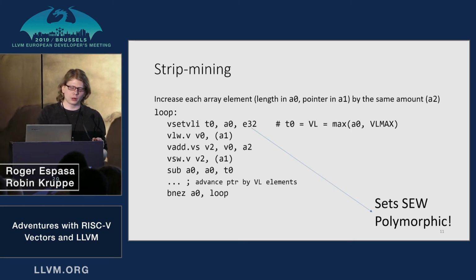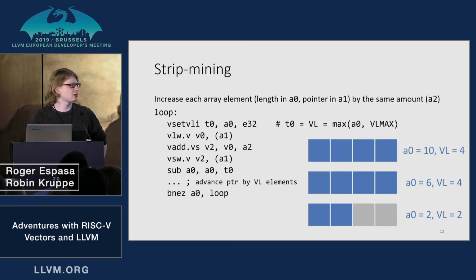And then we run this. This also sets the VL register, so the active vector length. So all these vector instructions, vload word, vadd, vstore word that you see there are then limited to that many elements. And at the end we subtract how many elements we processed, we advance the pointer to the element, and we see, do we still have anything left?